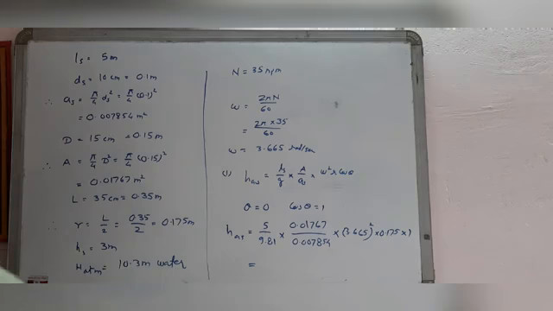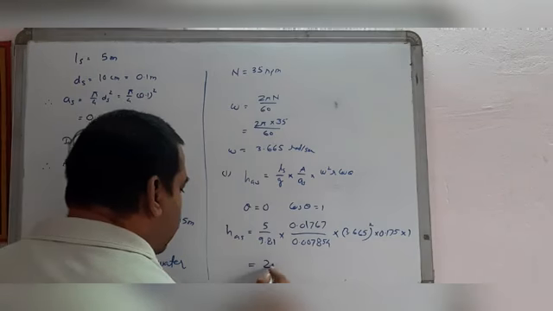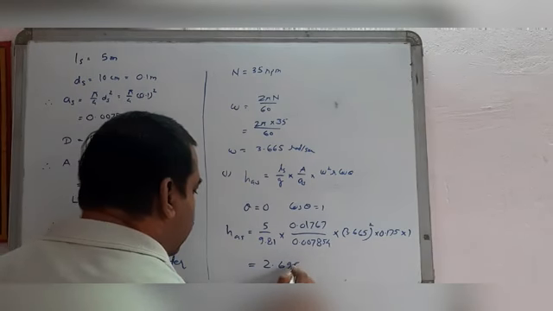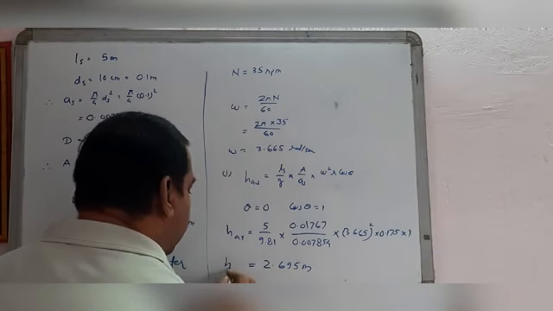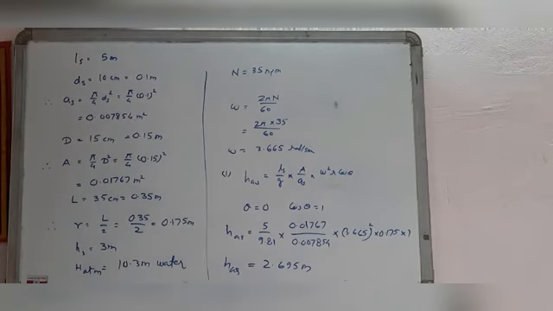So this value of HAS, pressure head due to acceleration, is 2.695 meter.